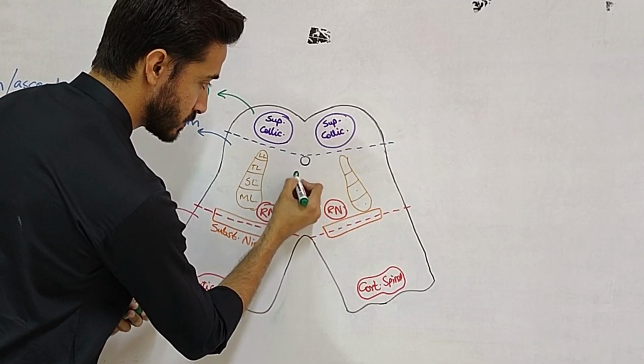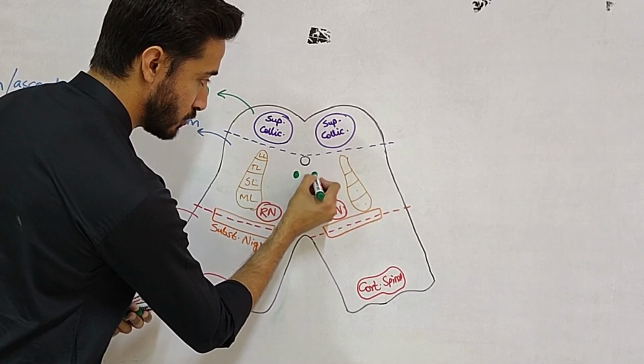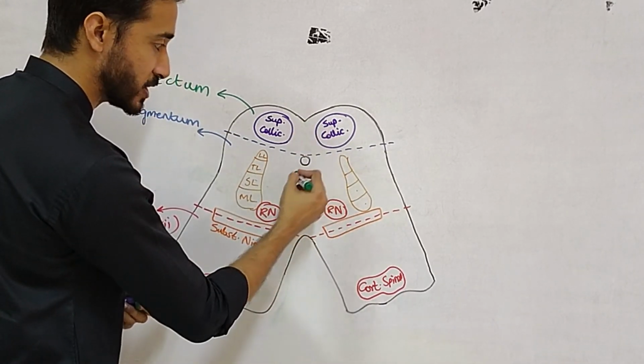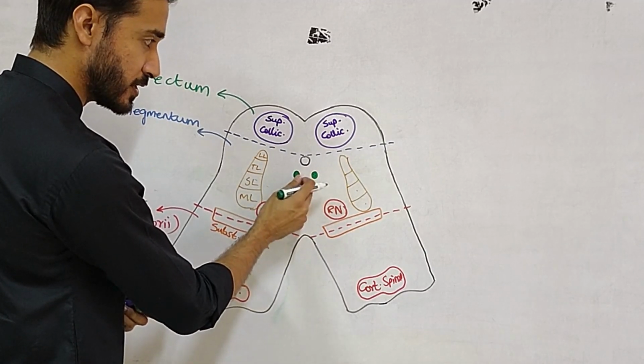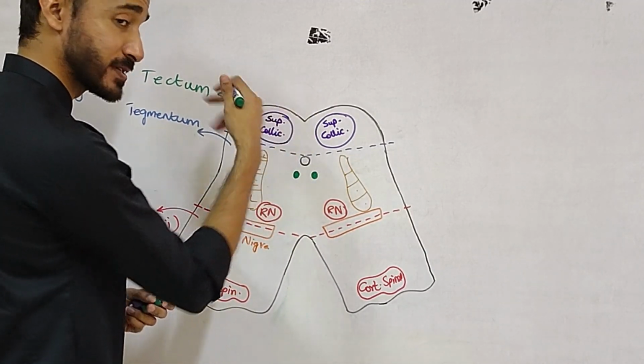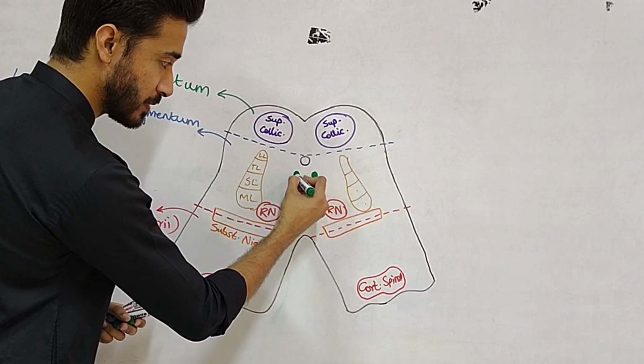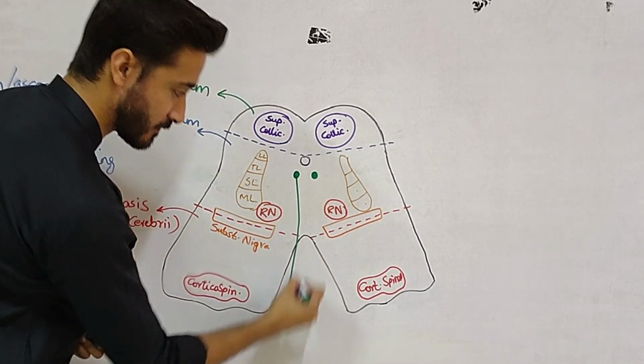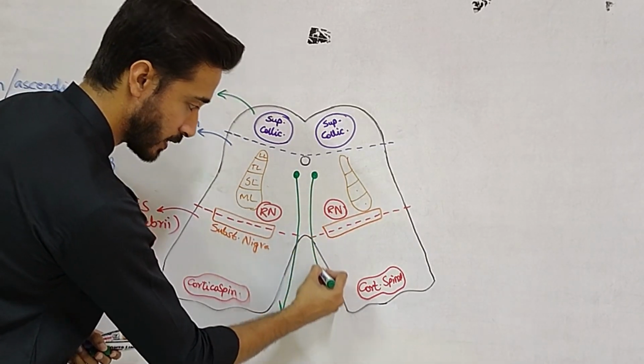So we would draw the oculomotor nerve nuclei over here, and we need to draw the nerves that are emerging from it. They're not going to emerge posteriorly, not going to cross like the trochlear nerve. They're going to come out anteriorly and in the interpeduncular fossa, right?